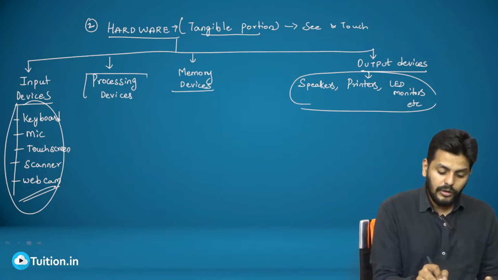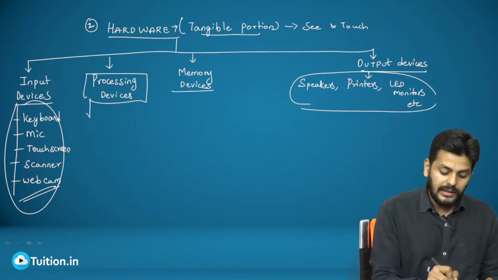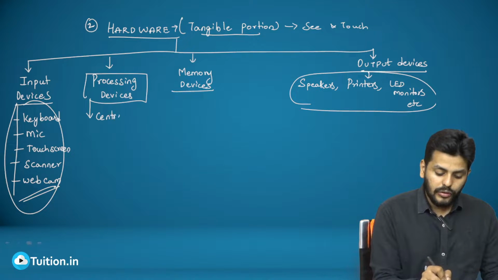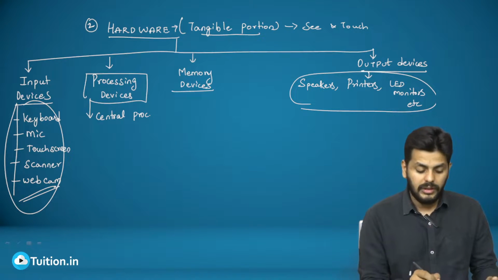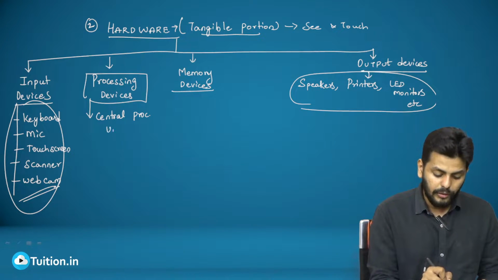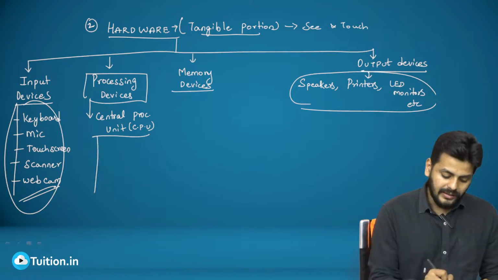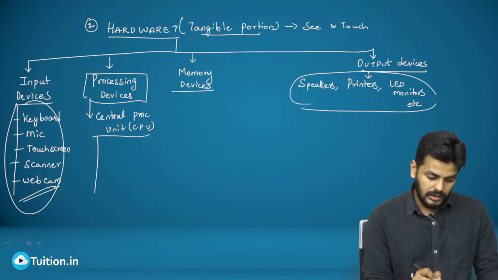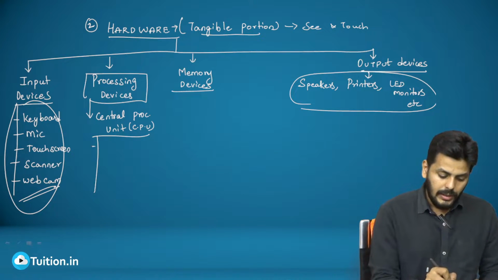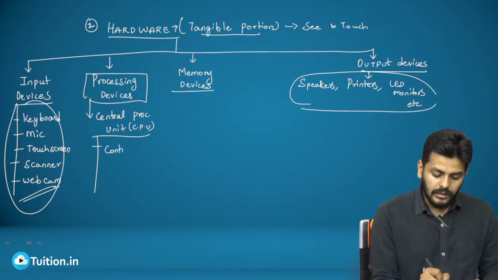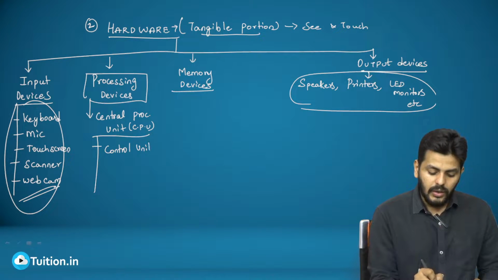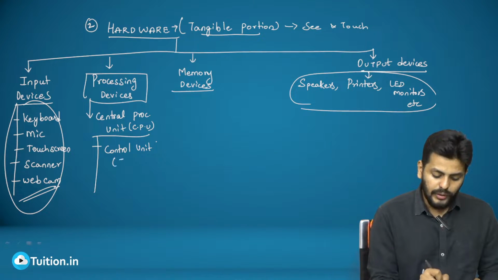Then let's talk about the processing device, or rather the central processing unit, which you've been hearing about ever since you knew about computers. The central processing unit, or in short the CPU, has 3 units. The control unit, which controls the flow into and out of the computer.